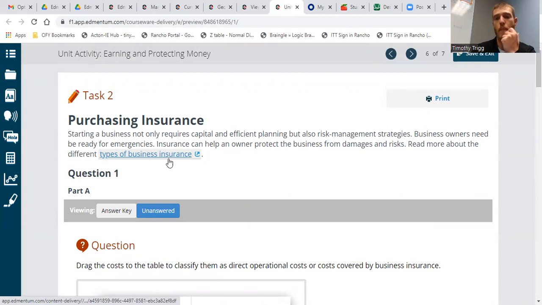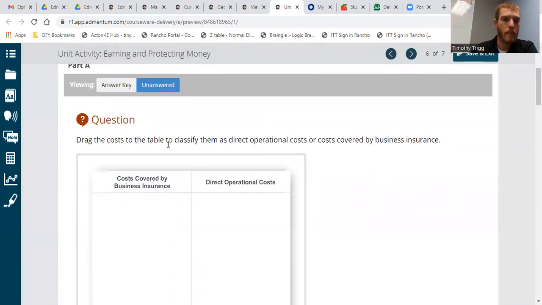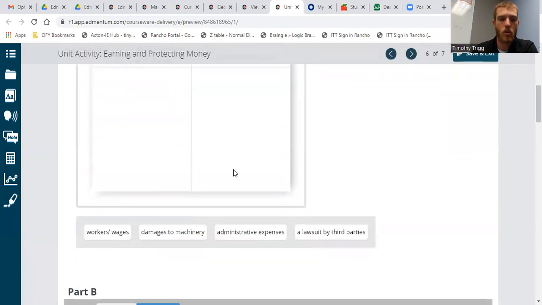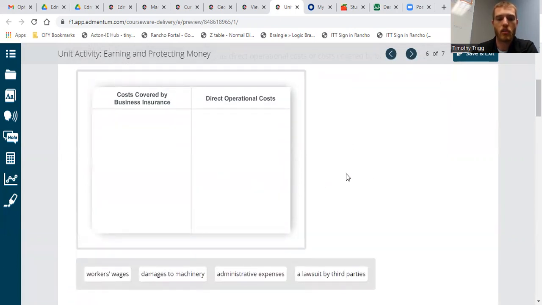You could read this if you want, but you don't really need to. Drag the costs of the table to classify them as direct operational costs or costs covered by business insurance. So which of these is covered by business insurance? Remember, insurance is if something unexpected bad happens, the insurance pays for it.